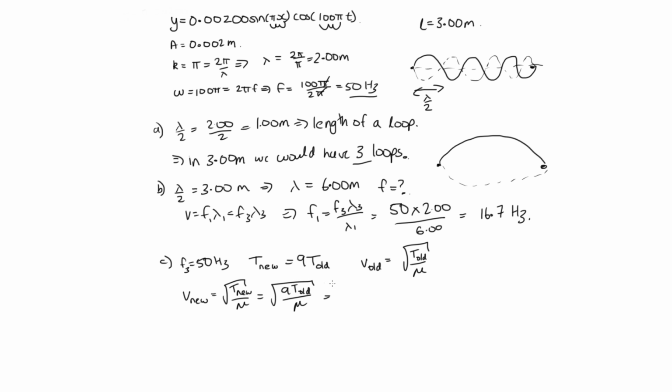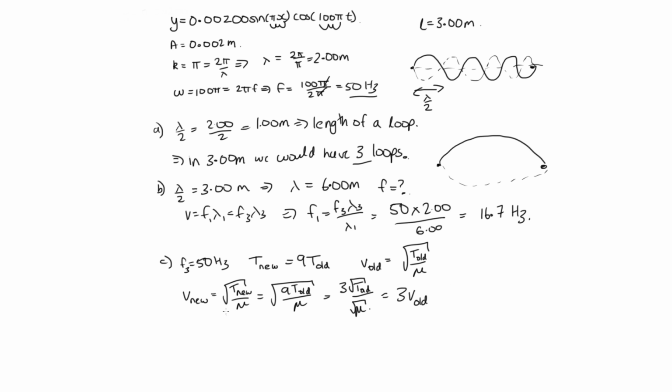So the square root of 9 is 3. So this will be 3 times the square root of the old tension over the square root of μ. And this part is just equal to the old velocity. So this will be 3 times the old speed. So it's now going 3 times as fast as it was.